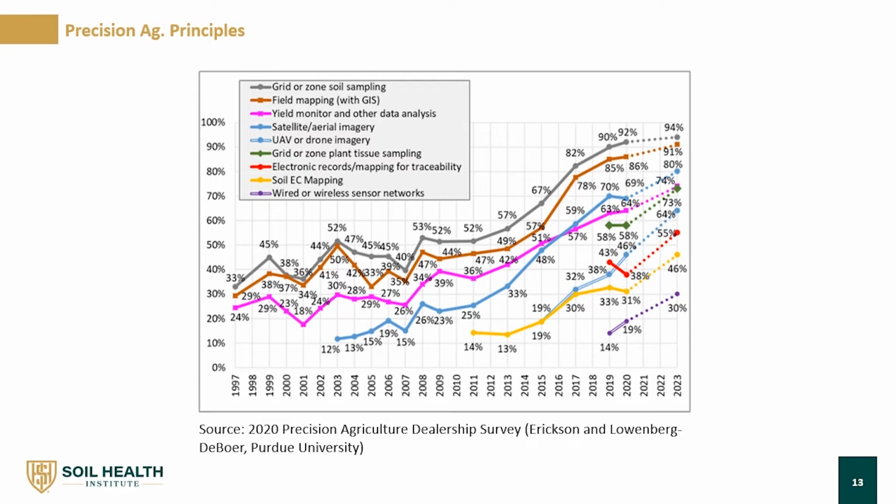If we look at the top 2 lines, the gray and the brown, those are grid or zone soil sampling. So managing the site-specific variation of soils, as well as providing some sort of spatial identification of what that field might look like. So 2 of the most highly provided precision ag services have direct import to managing soils.